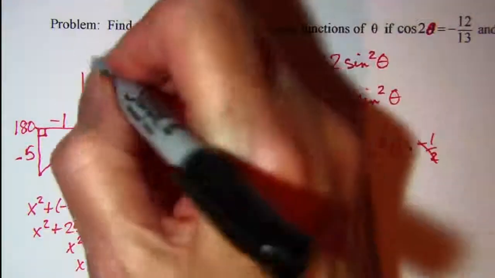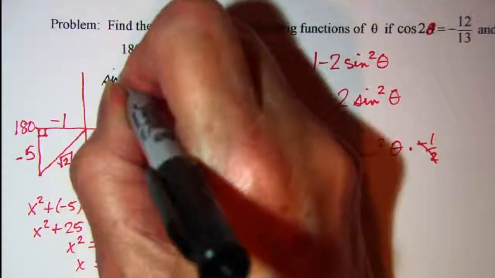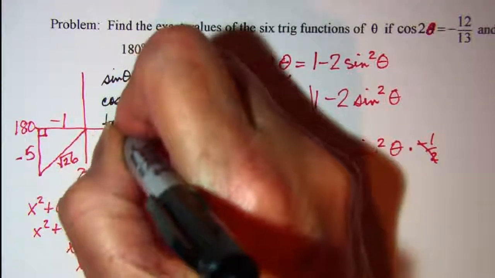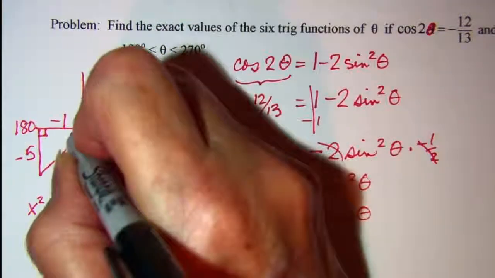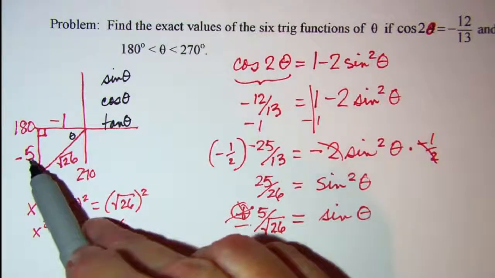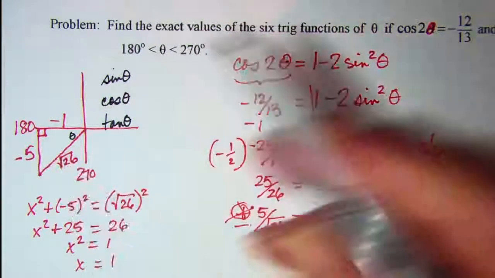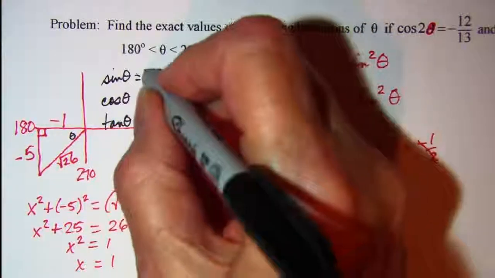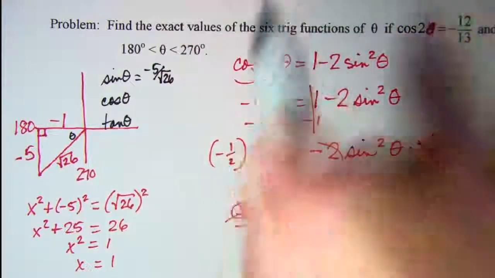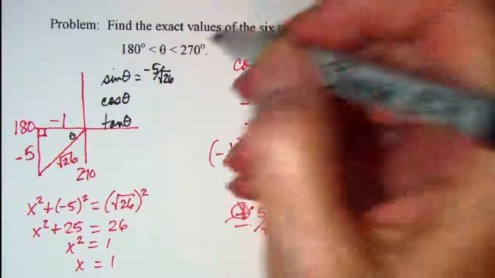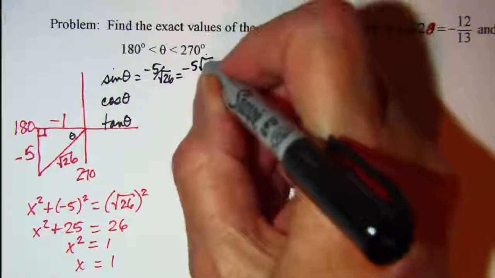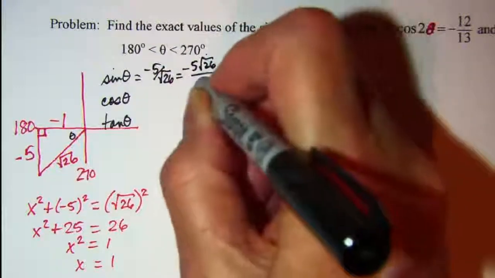So I can do sine theta, cosine theta, and tangent theta right here. This is theta. Sine will be a negative 5 over root 26. If I multiply top and bottom by root 26, that gives me a negative 5 root 26 over 26.